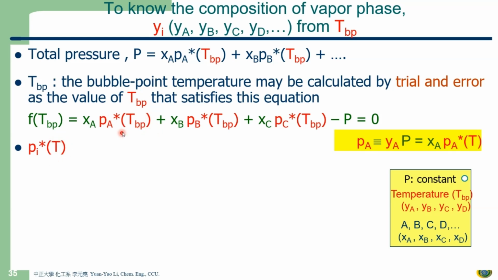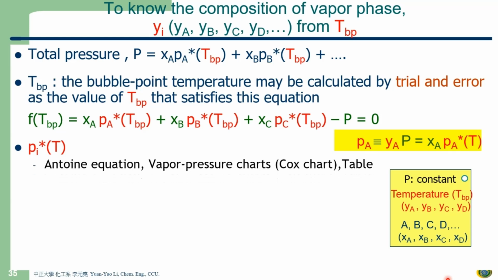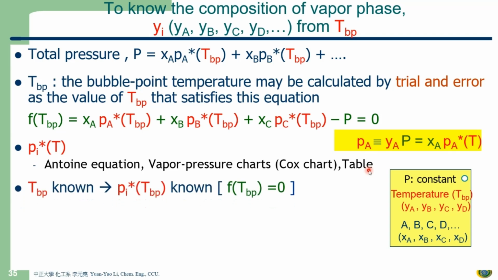So if you assume the bubble point is 80, how are you going to get the vapor pressure? Tell me. From the equation, right? From the chart or from the table. In our textbook, I will give you the Antoine equation. The Antoine equation is an empirical equation, so you just find parameter A, parameter B, parameter C. Okay?